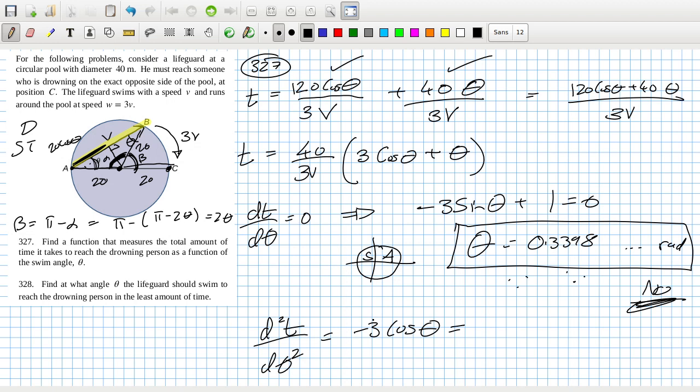I'm just confused what I'm doing wrong here. Least amount of time. So the second derivative I would have thought should have been positive. And here I am with it being negative. That's really weird.